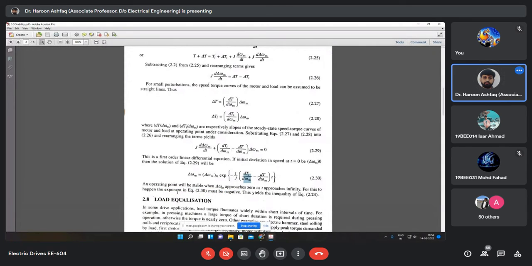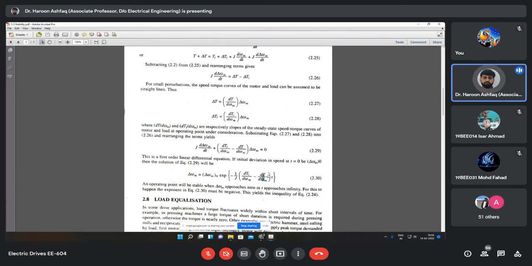The exponent of this must be negative, यानी माइनस तो पहले से ही लगा हुआ है यहाँ पे, तो अगर अंदर भी माइनस आ जाएगा तो ये प्लस बन जाएगा. So you are right that this term should be greater than this term and this whole should remain positive. To remain positive, in all the conditions the load torque must be greater than the motor torque.